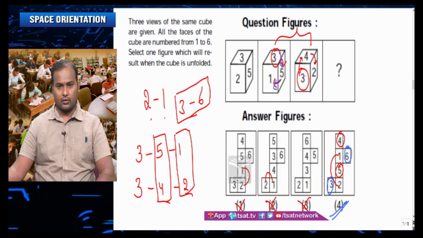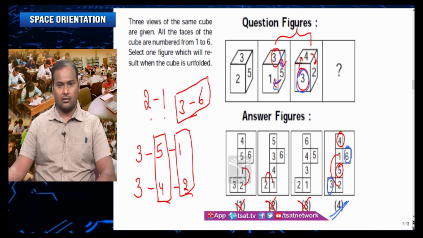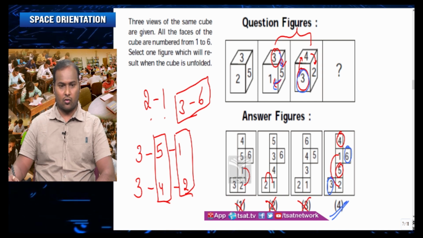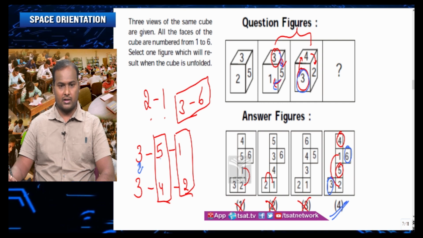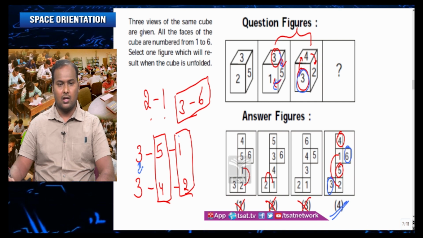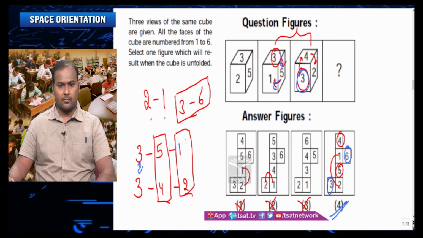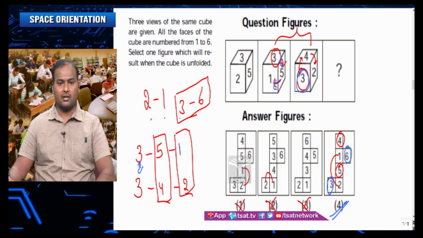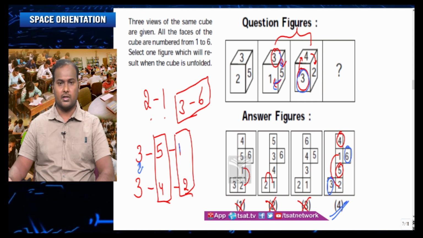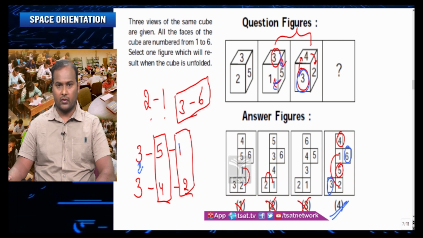And in the other cube, from the common 3, if I move clockwise, I got 4 and 2. So 5 and 4 became opposite, and the remaining clockwise faces 1 and 2 also became opposite. Once 5 and 4, and 1 and 2 are opposite, the remaining faces 3 and 6 became opposite. After finding out the opposites, check with the options, and you will get the answer.